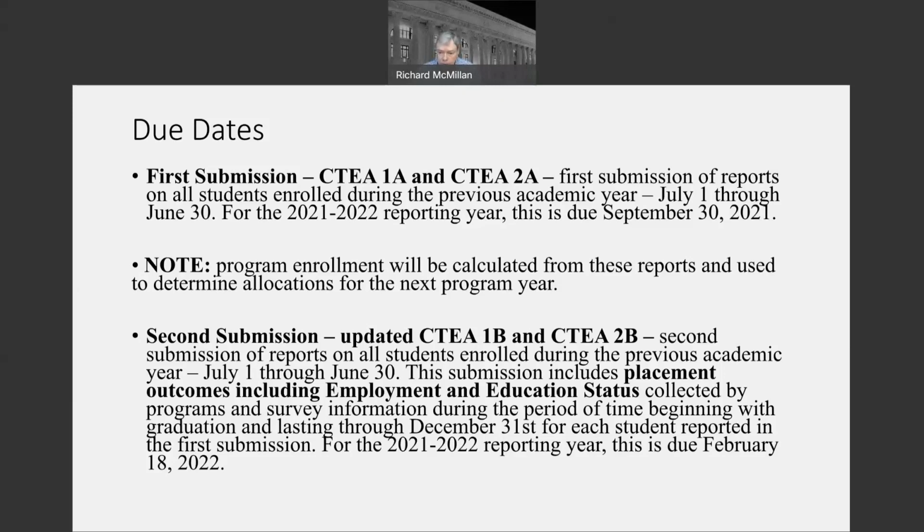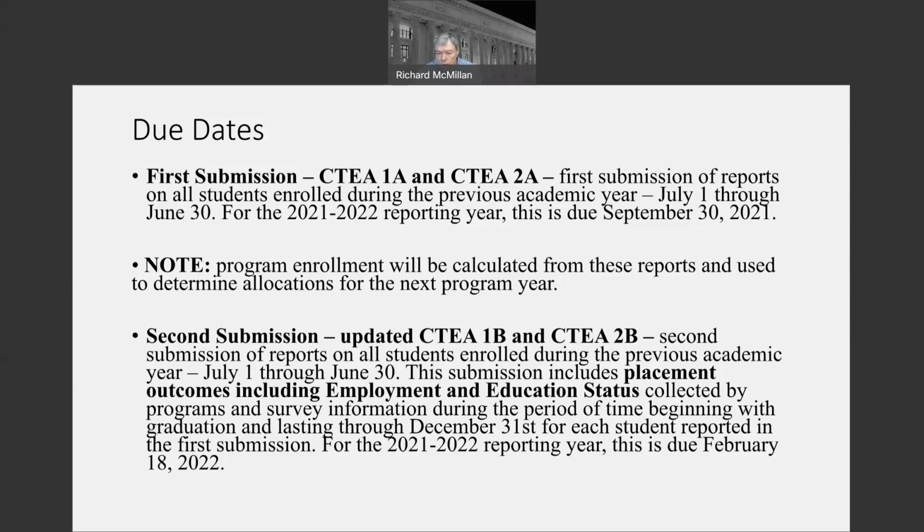All right, the second submission, updated CTEA 1B and CTEA 2B. Second submission of reports on all students enrolled during the previous academic year, July 1 through June 30th. And this submission includes placement outcomes, including employment and education status, collected by programs and survey information during the period of time beginning with graduation and lasting through December 31st for each student reported in the first submission.